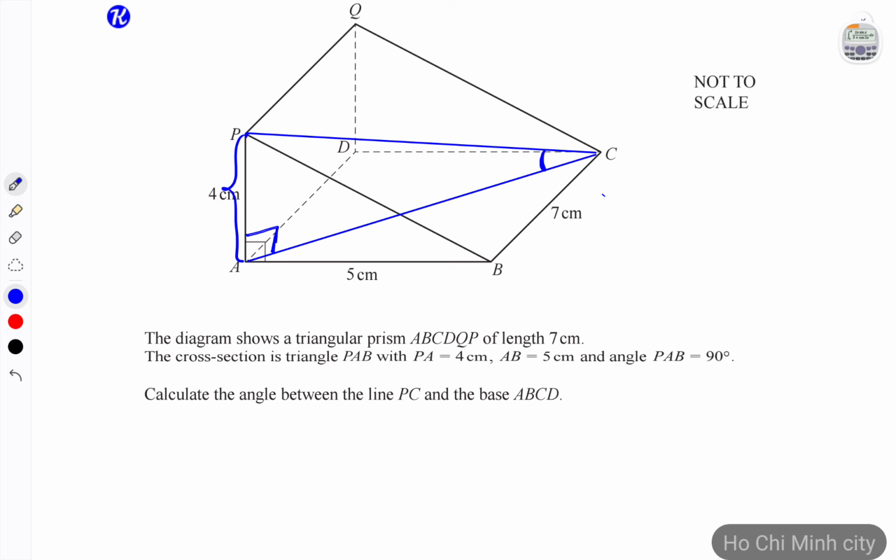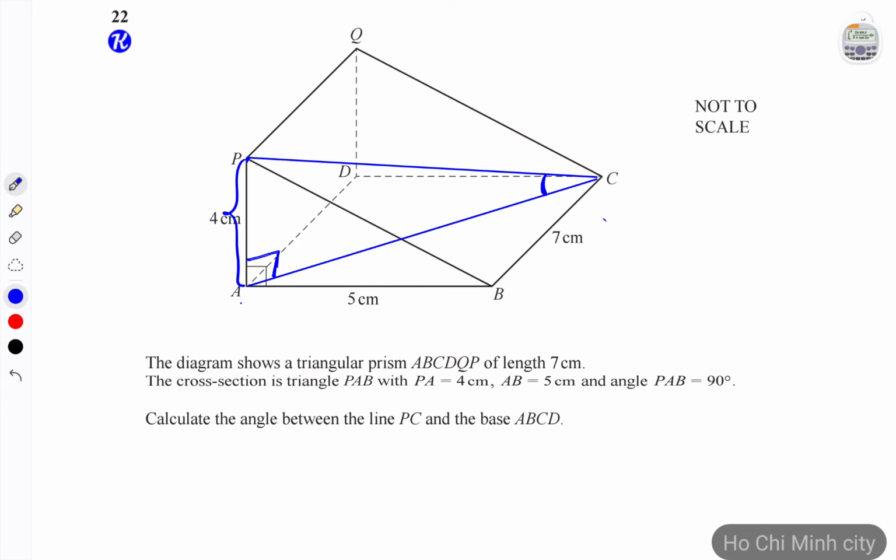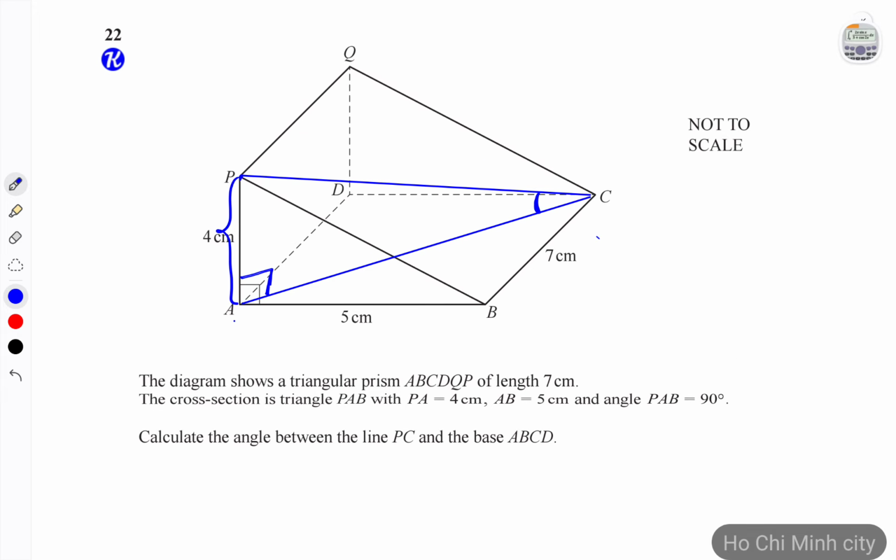Because the base, all right, for AC, this is 4 centimeters. And what information do we know about the base? The diagram shows the triangular prism. The cross section is PAB, right? So PAB is 90 degrees.